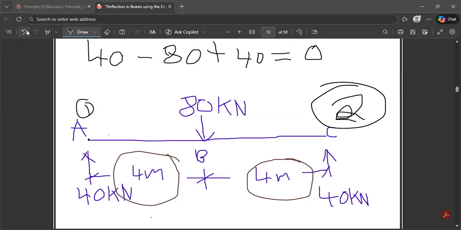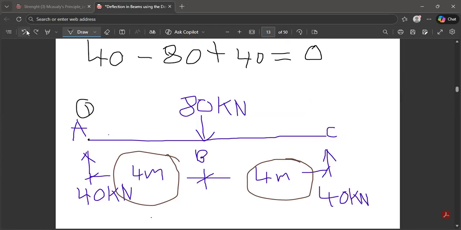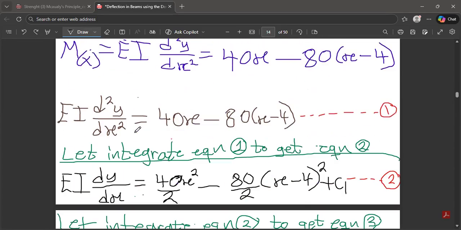Exactly. So let me quickly move to wherever we were, and then we proceed.